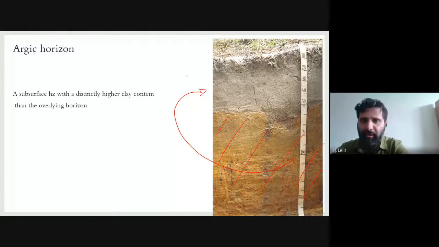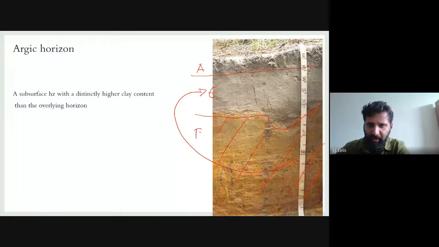So here we can split this A horizon, here this E horizon, and here this B horizon, and we easily see that the B horizon presents a different color and probably a different texture in comparison with this E horizon.